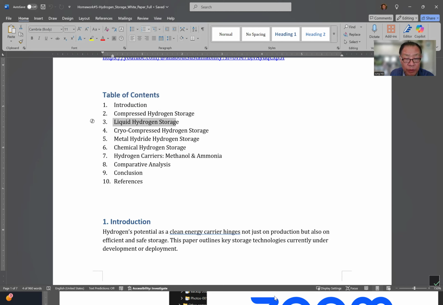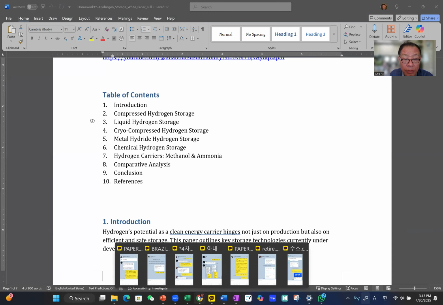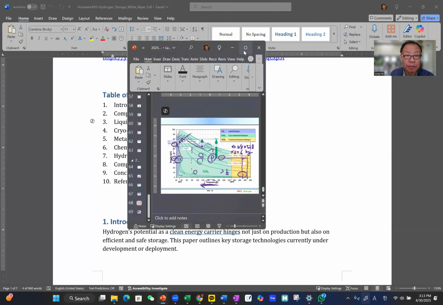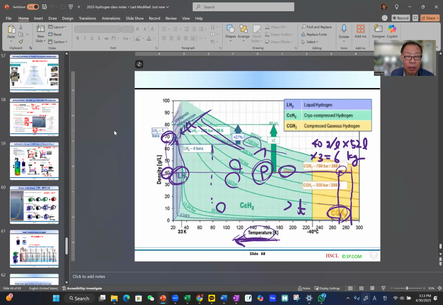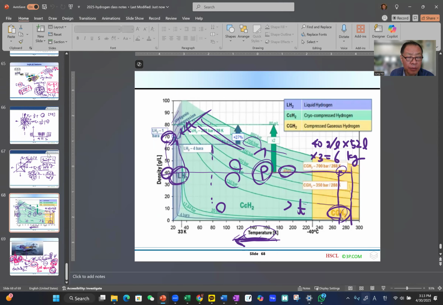I'd like to open our lecture notes. Well, this phase diagram is very well used to better understand the several different methods of hydrogen storage.